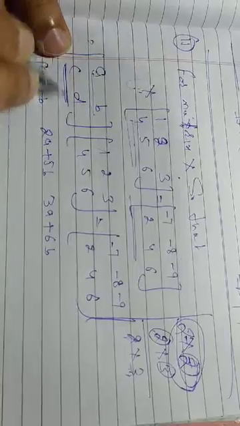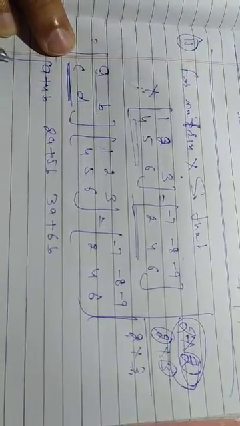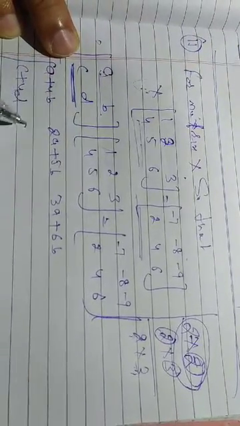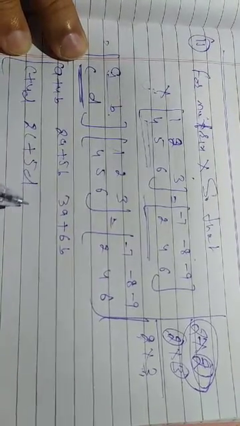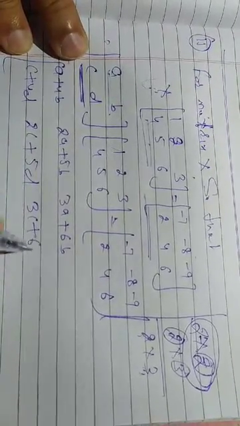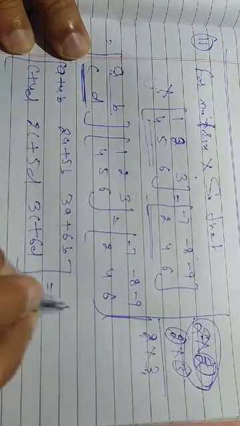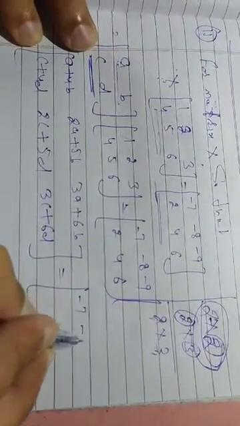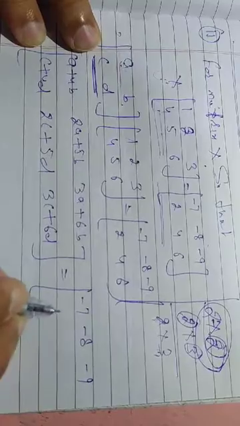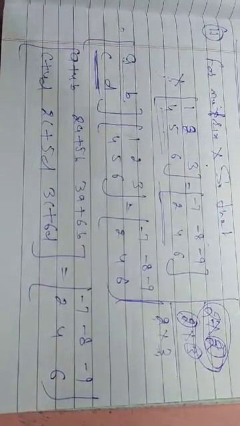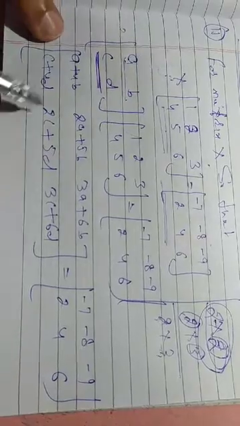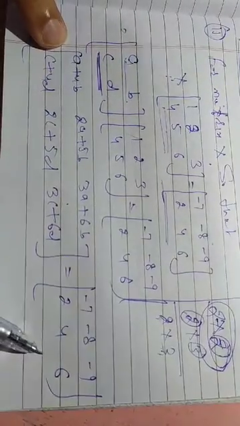Now the second row with first column: C plus 4D, 2C plus 5D, 3C plus 6D. We compare corresponding elements of the corresponding matrices.